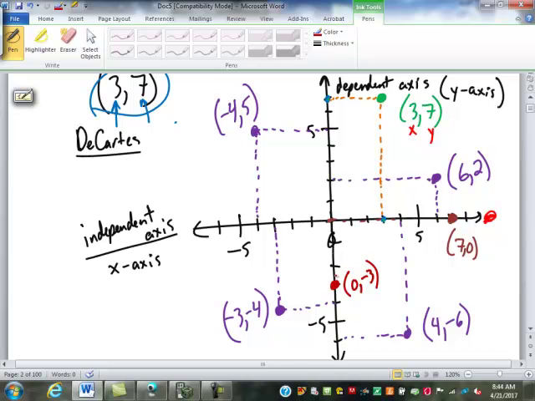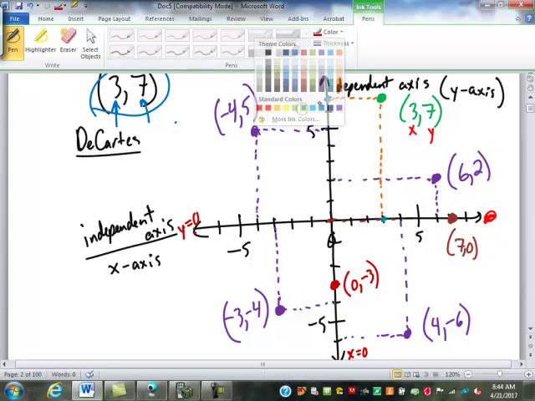Perfect. Because again, its shadow is at 0 on the x-axis and it's a -3 on the y-axis. So what you'll see is anything that is on the x-axis has a y-coordinate of 0. Anything that's on the y-axis has an x-coordinate of 0.